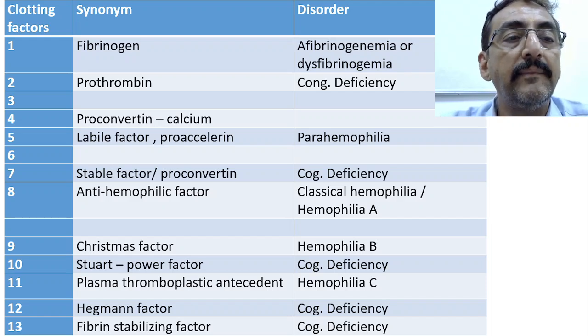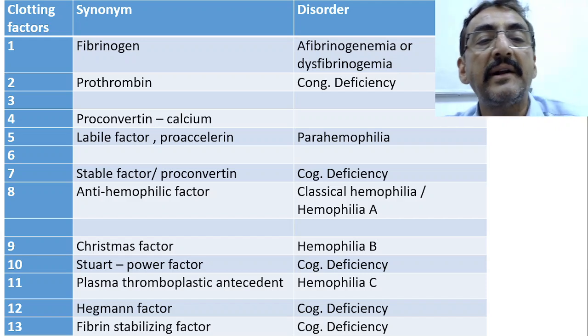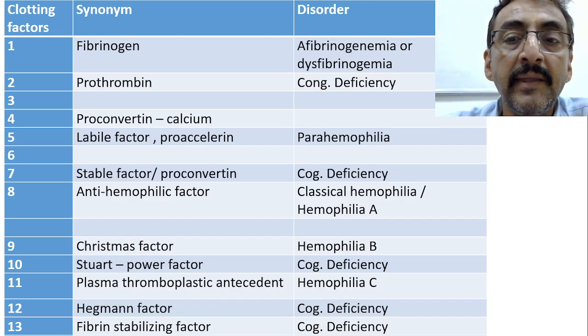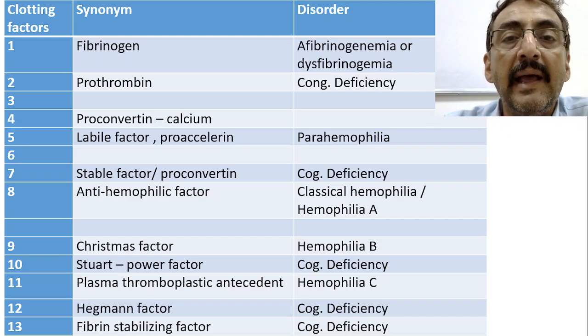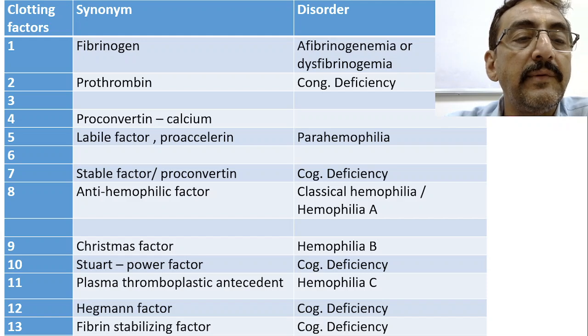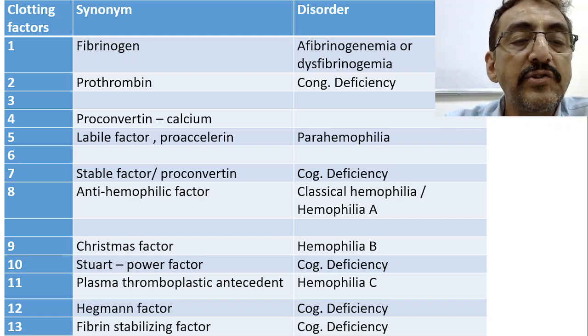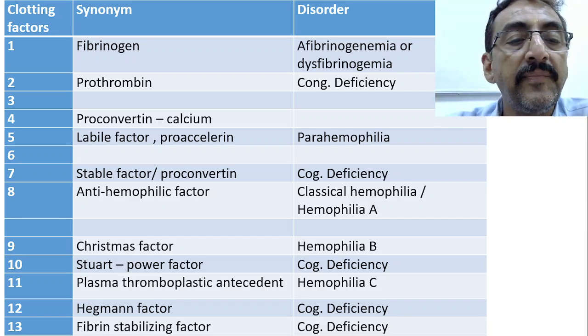Now, factor number 8 is called antihemophilic factor, and absence of this factor number 8 is called classical hemophilia or hemophilia A. Whereas the ninth factor is called Christmas factor, a very important factor, and deficiency of this factor will lead to hemophilia B. Then the 10th one is Stuart-Prower factor, that leads to so many coagulation deficiencies.